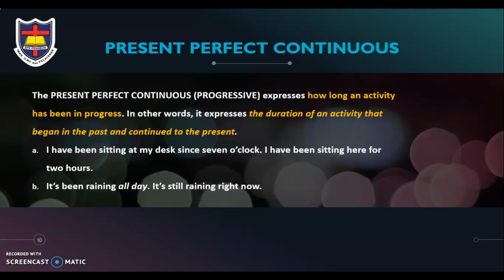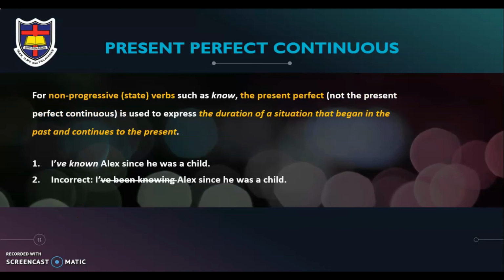It means I have been sitting here for 2 hours. Or, it has been raining all day. It's still raining right now. Those 2 examples show us the process.